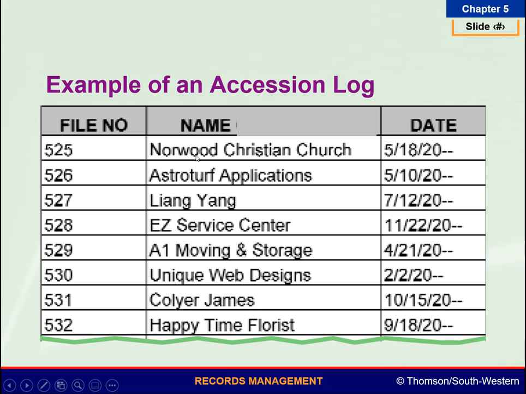The name of that person is Norwood Christian Church, and the date that person registered is May 18, 2000 something. So you can see that the file number is the ascending number from the lowest to the highest. 525 is the lowest number here, and 532 is the highest number.